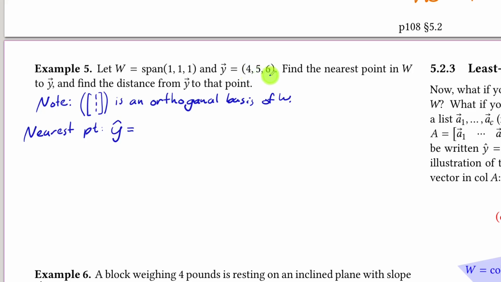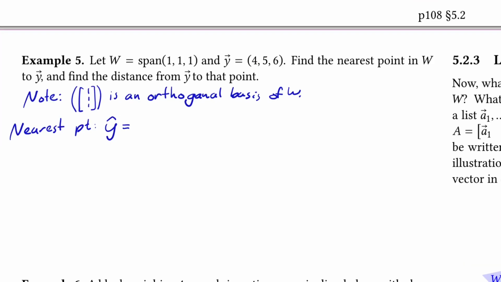And we're going to do y dot (1, 1, 1) divided by (1, 1, 1) dotted with itself, and multiply that by (1, 1, 1). So that's just going to be 15 divided by 3, which is 5. And 5 times the vector (1, 1, 1) is (5, 5, 5).